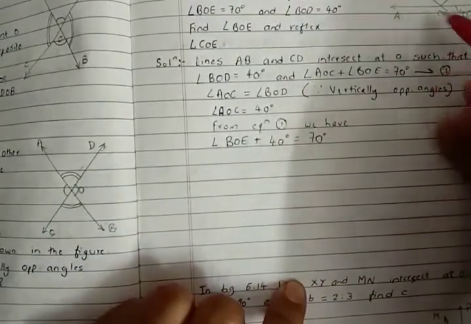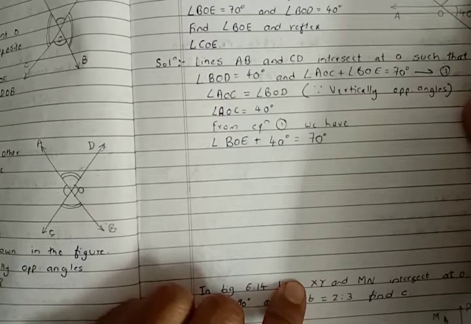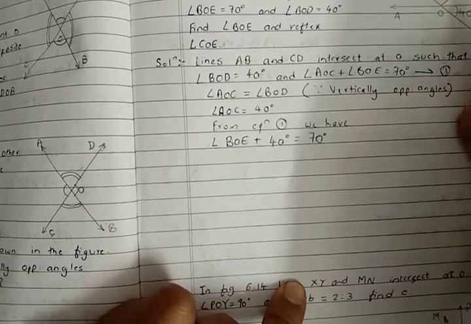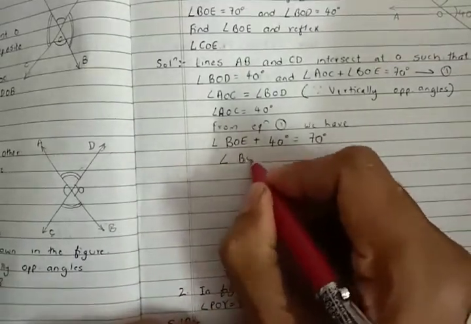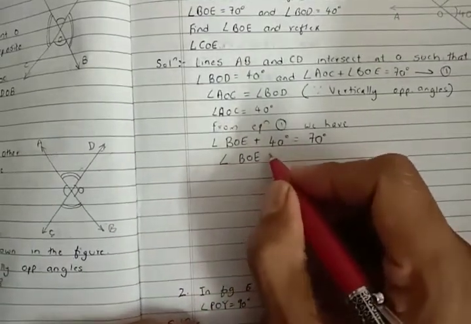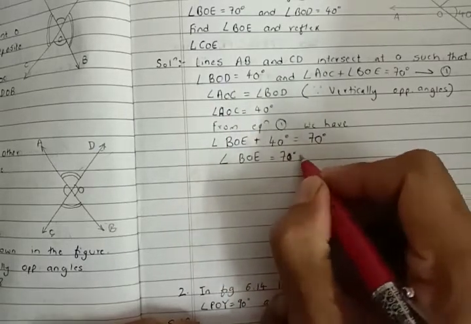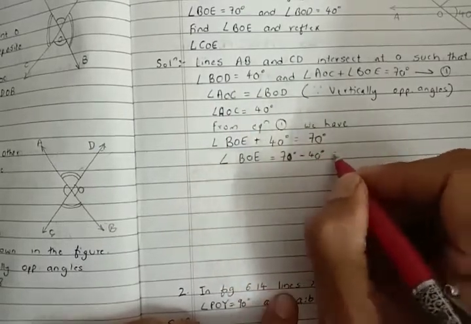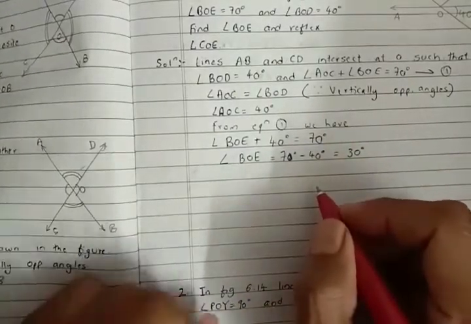We know that AOC plus BOE is 70 degrees, right? So now we will get the value of angle BOE equal to 70 degrees minus 40 degrees, that is equal to 30 degrees, right?